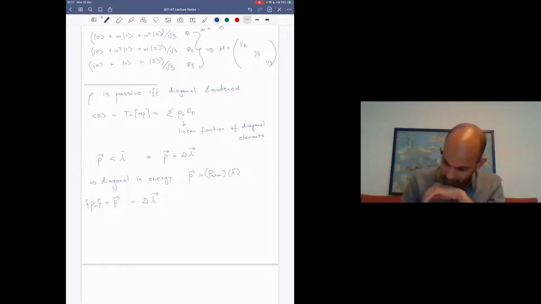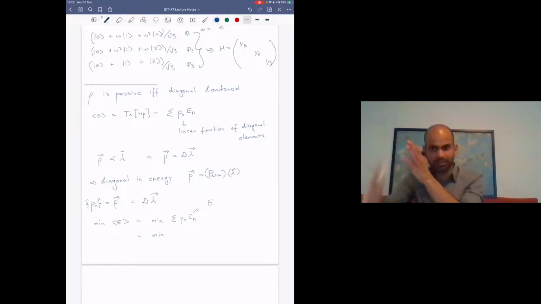Now, I want to minimize the average energy, which is the minimum of the sum of P_n times E_n. I can also label E_n by a vector, and this would be the inner product between this vector of energies and the vector of populations.